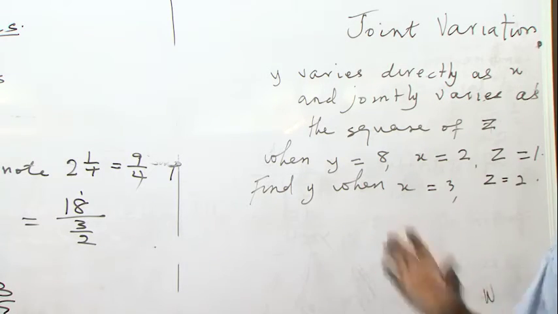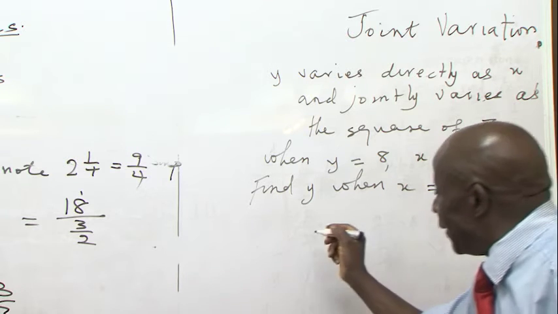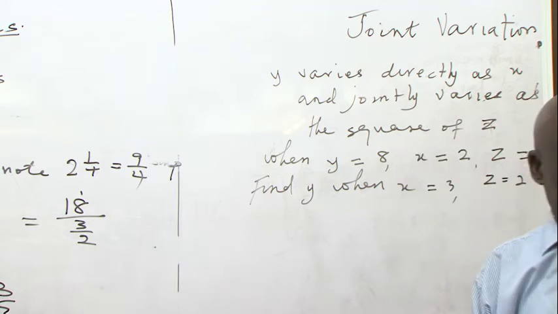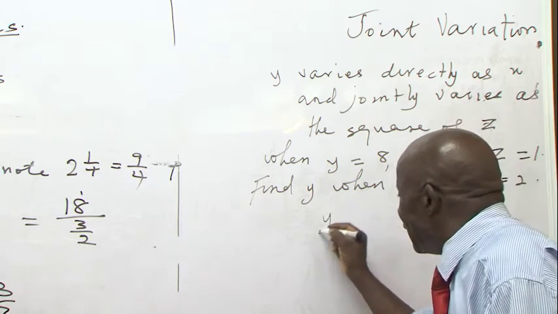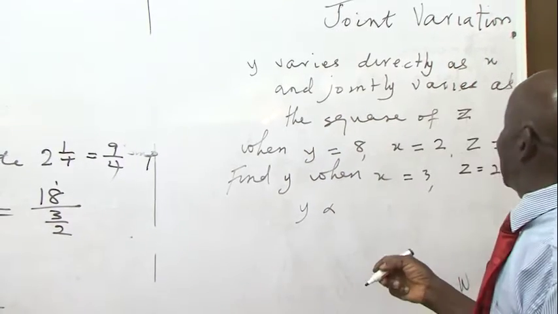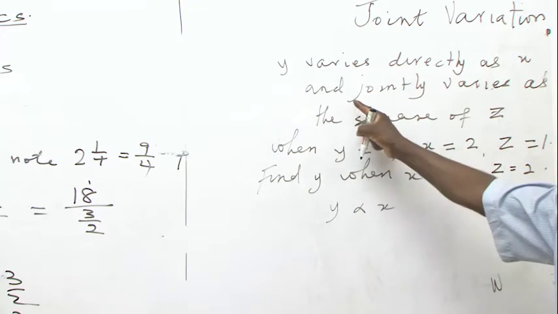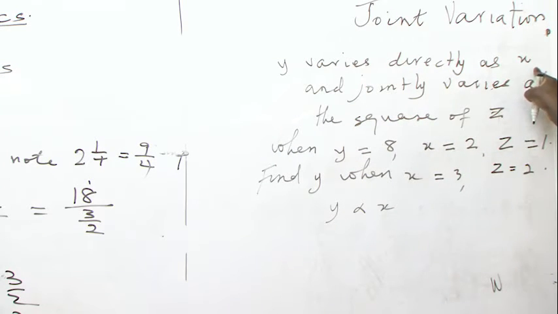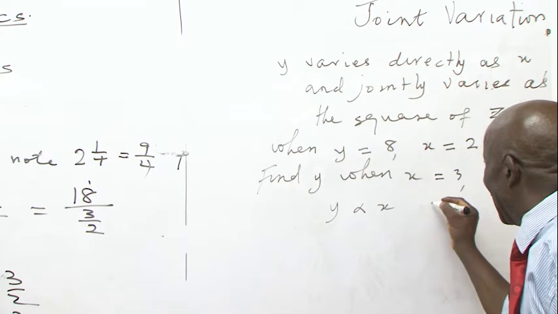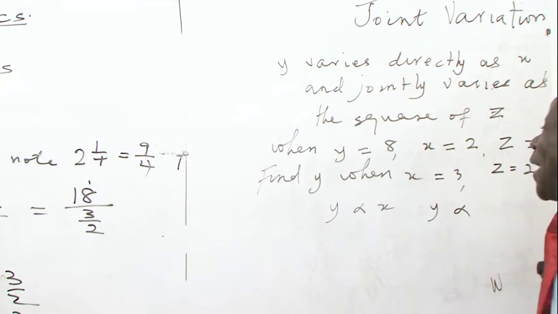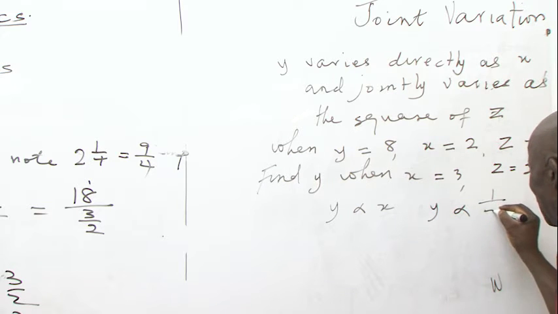The first thing is to write down the relationship. I will write it in two forms because you are supposed to combine. Y varies directly as x. Now, y is directly proportional to x. Y varies directly as x. The same y varies inversely as the square of z, 1 over z squared.